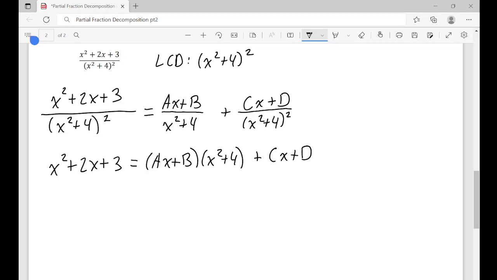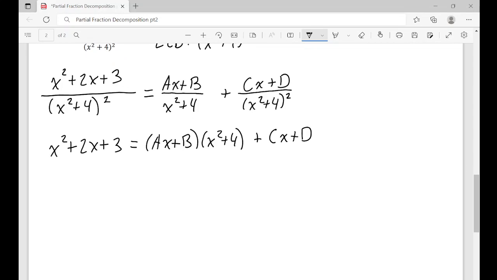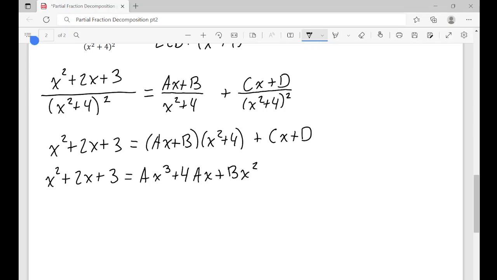And again, I'm going to equate coefficients so I can figure out my a, b, c, and d. So I will distribute the factors here, and I will end up getting x squared plus 2x plus 3 equals ax cubed plus 4ax plus bx squared plus 4b plus cx plus d.